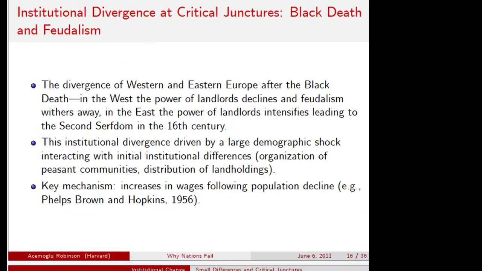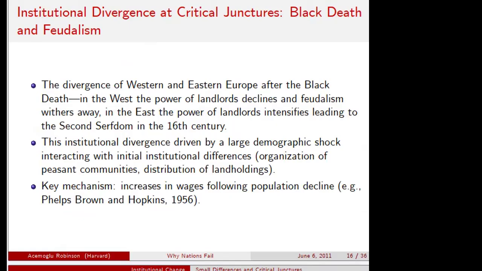It killed nearly one third, and some say one half, of Europe's entire population. In some cities, mortality was even higher than one half. So it was the greatest demographic catastrophe in recorded European history, I would say.